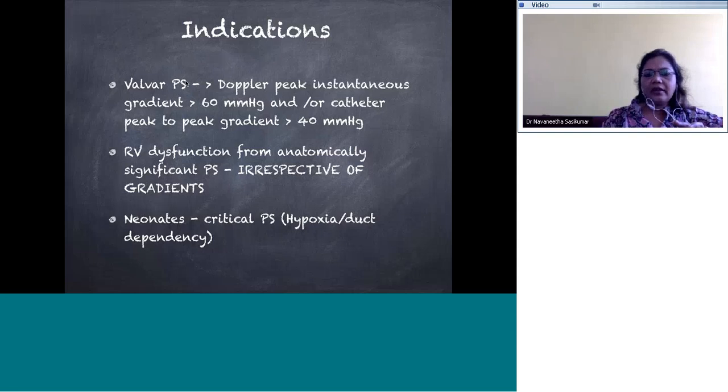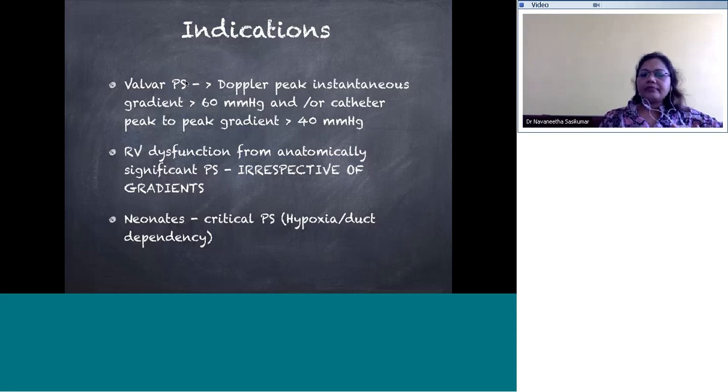Other situations include anatomically significant pulmonary stenosis when there is right ventricular dysfunction, which is essentially in the late stage of pulmonary stenosis. Irrespective of gradients, pulmonary valve dilatation is considered the treatment of choice.